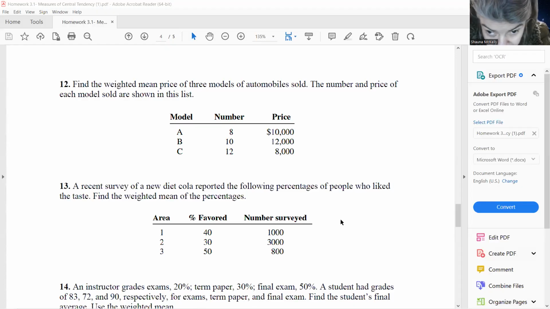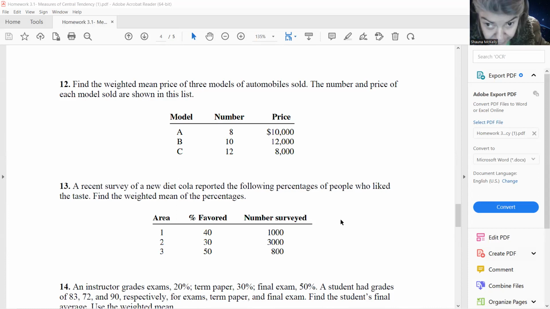All right. So here's my first question. Question 12. All right. It says, find the weighted mean price of 3 models of automobiles sold. So we have model ABC.